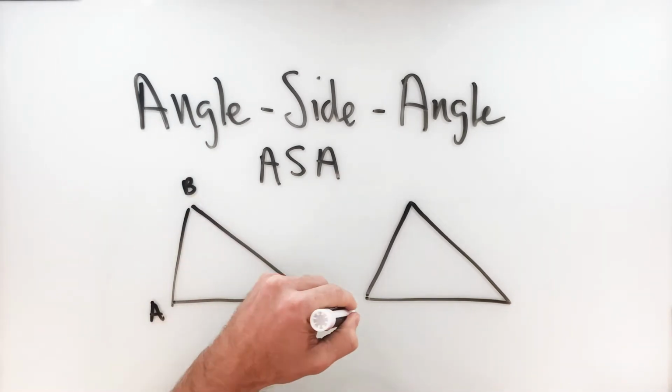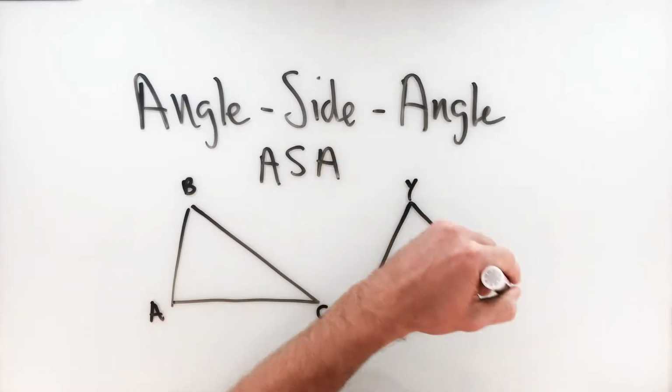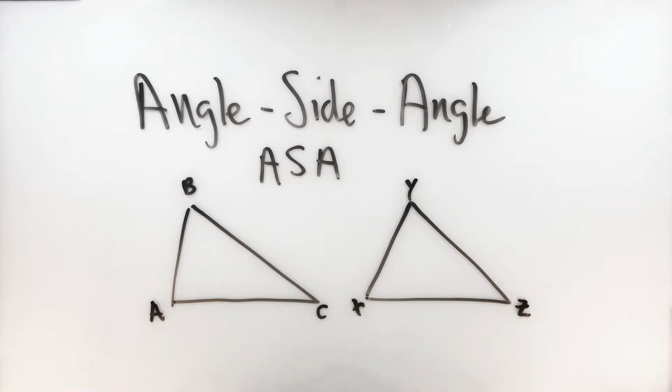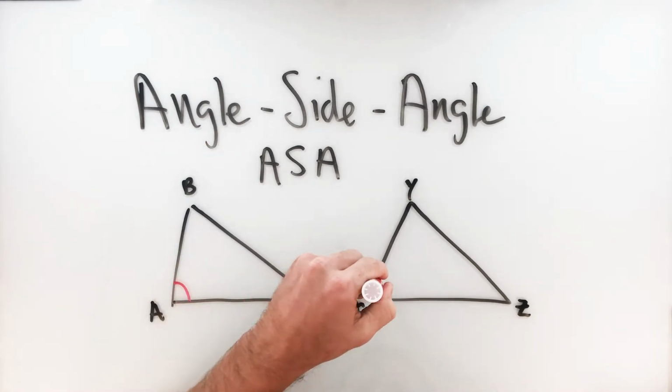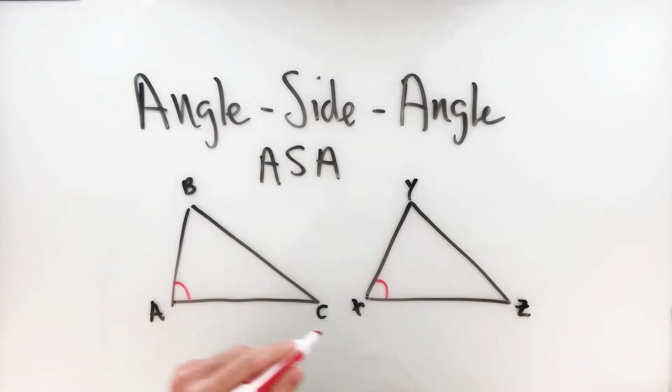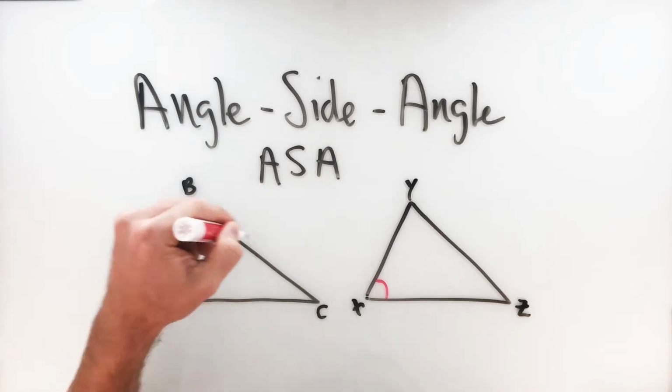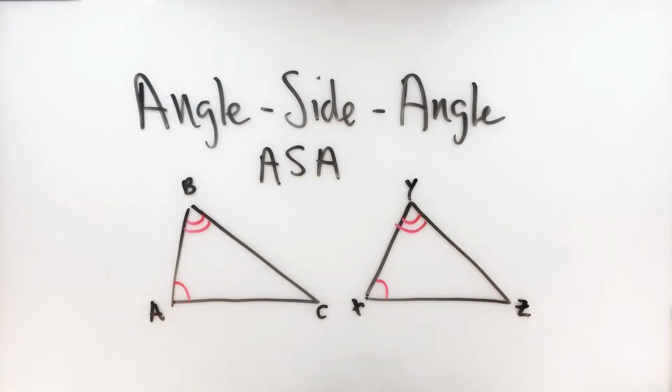So we've got two triangles here, triangle ABC and triangle XYZ. In these two triangles, you've got two pairs of congruent angles. So say angle A is congruent to angle X, and angle B is congruent to angle Y. So we've got two angles, and then if we have the included side, what does that mean?